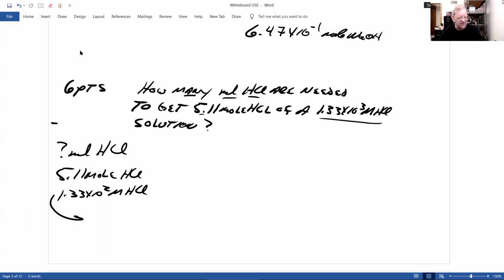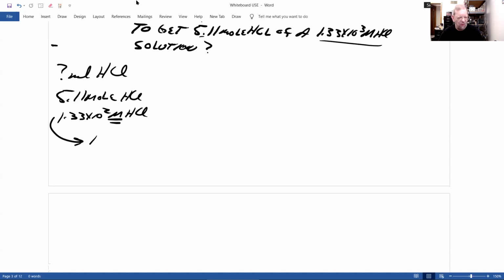As soon as I see this, because it's a capital M molarity, I know that's 1.33 times 10 squared moles HCl per 1,000 milliliters. And therefore, the only number I have really to start with is this.